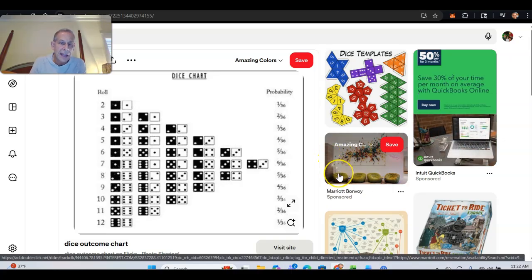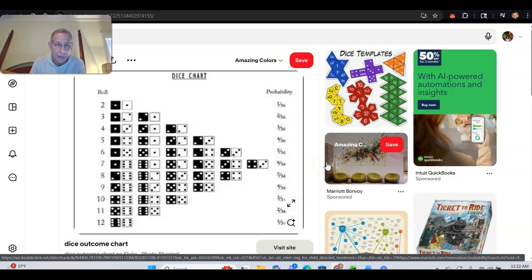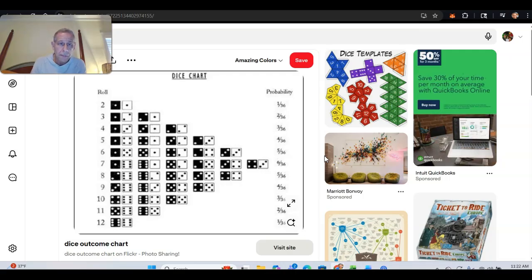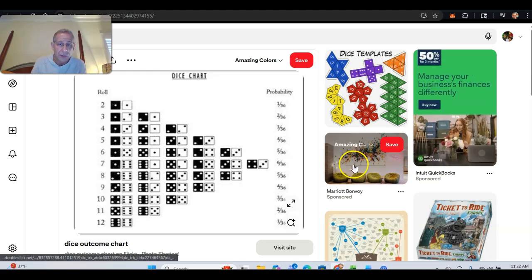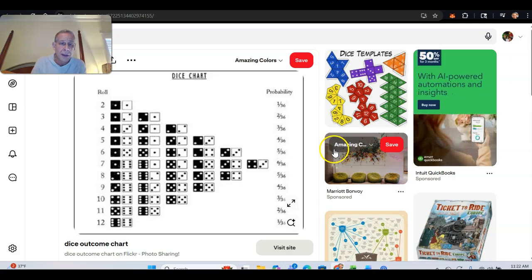Yes, the dice are still random when the 2 dice are rolled. But there's probabilities based on math, hardcore math, not smoke and mirrors, not crystal ball, not nonsense, hardcore math. And that's one of the most powerful things for people that are interested in taking this game and turning it into a paycheck.